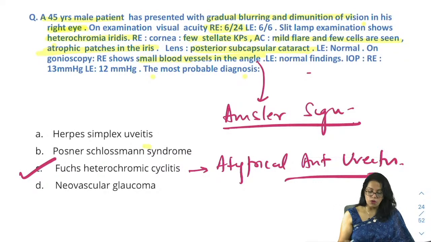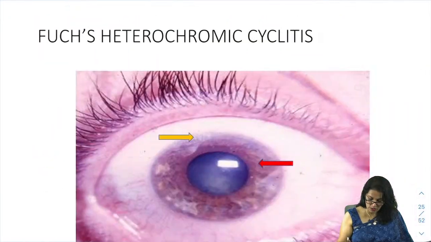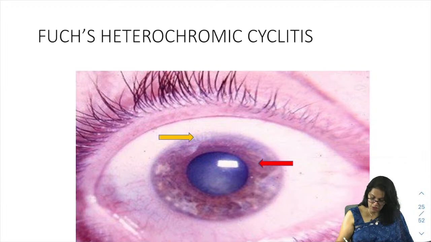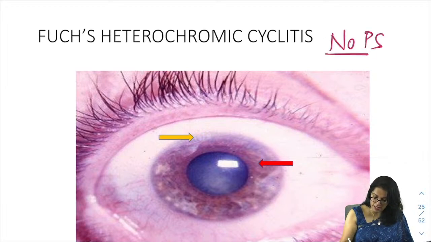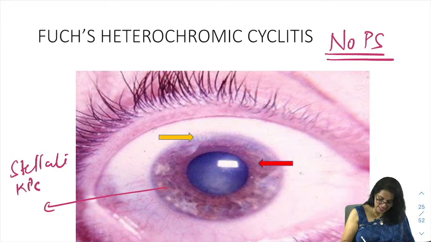And we all know, if you quickly want to revise, what are the features of Fuchs heterochromic cyclitis. So this is the iris atrophy, and because of this iris atrophy, please remember no posterior synechiae, and stellate KPs with feathery ends. It is described as with feathery ends.